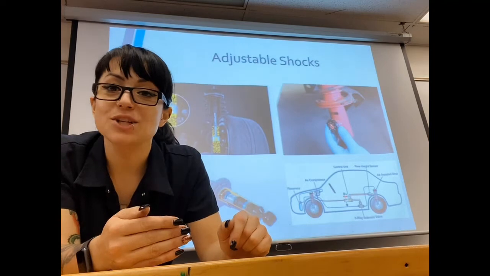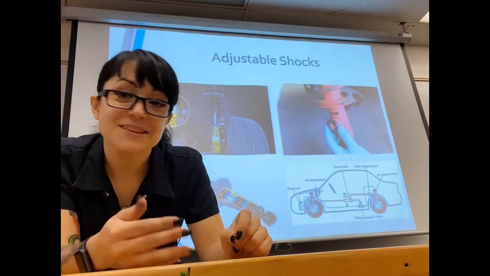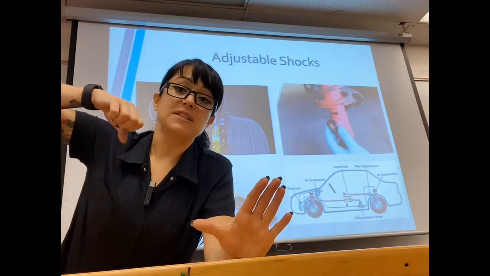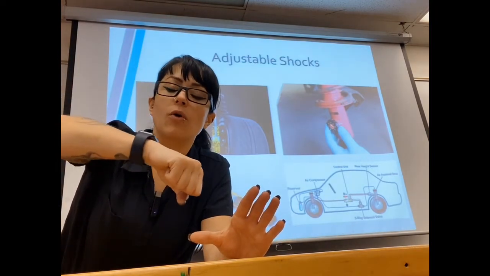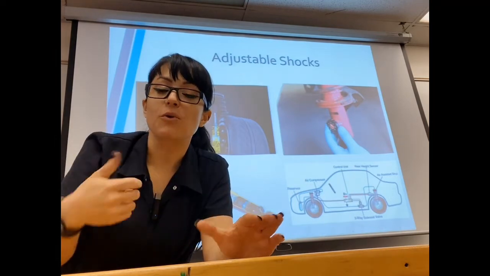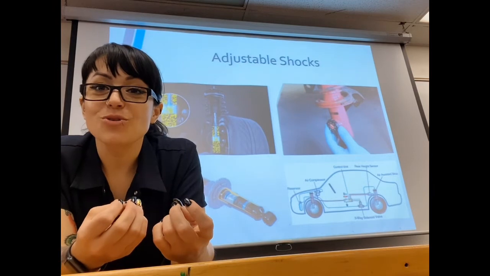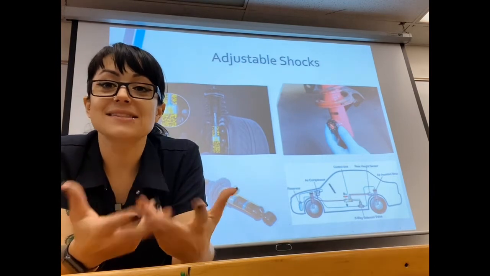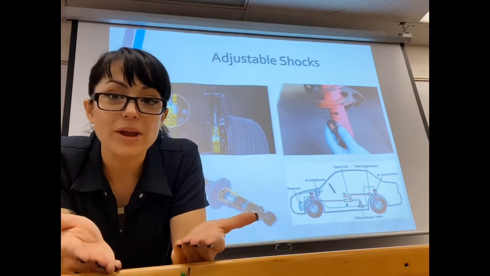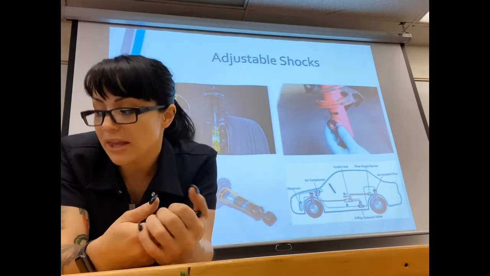But instead of changing the valving, you change the viscosity or the thickness of that fluid. If it's a thick fluid, the piston is going to resist movement more than if it's a thin fluid. So you're able, using electricity, to change the viscosity and stiffness of your compression or rebound. So that is super duper cool. Like I said, I'll send you guys some video links for that.